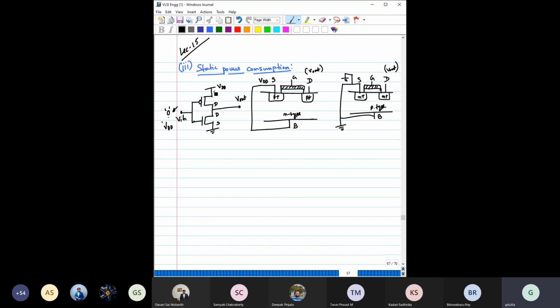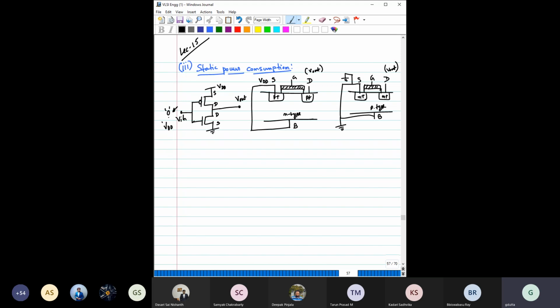So in that case there is no direct path from VDD to ground. So we have earlier commented on this fact that ideally there should not be any static power dissipation.